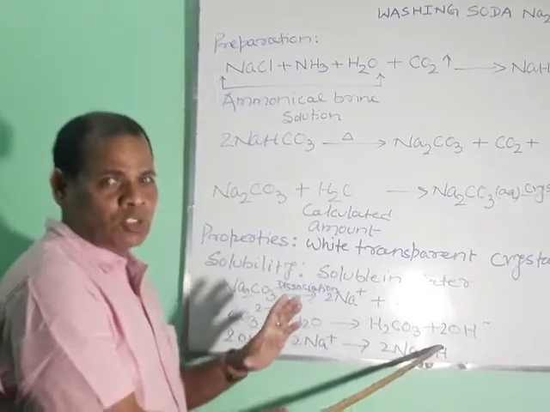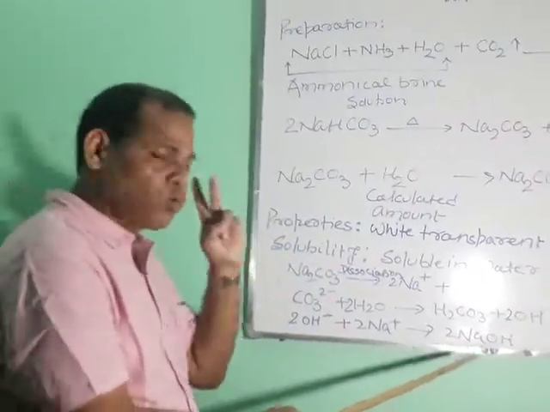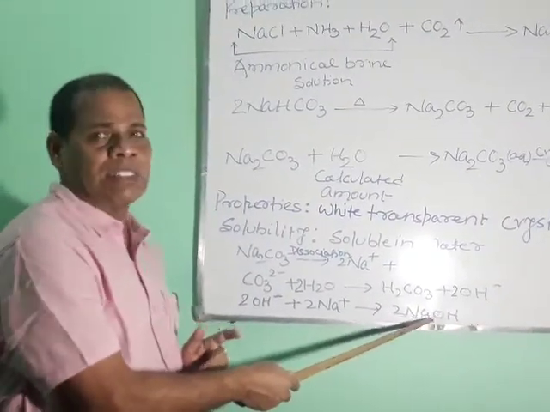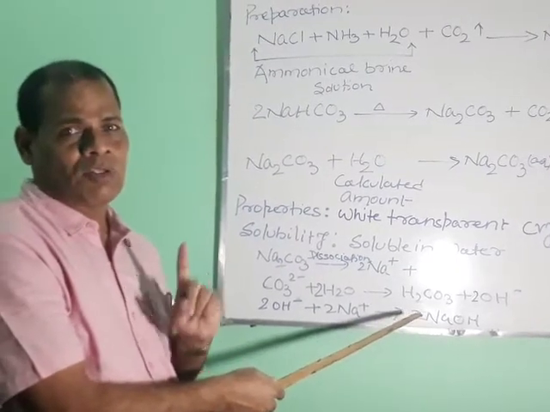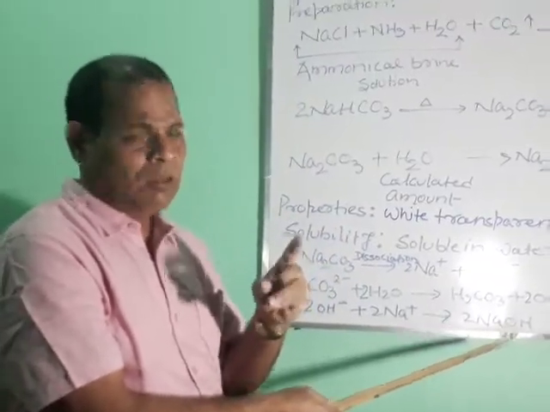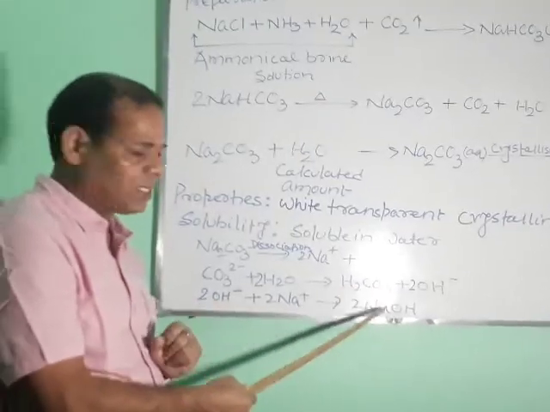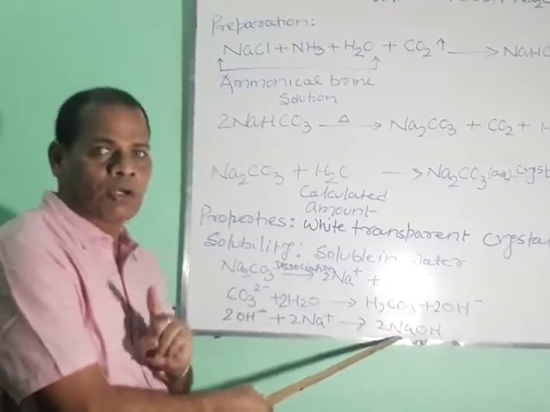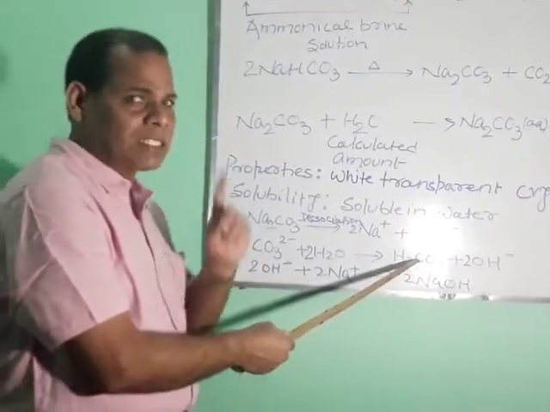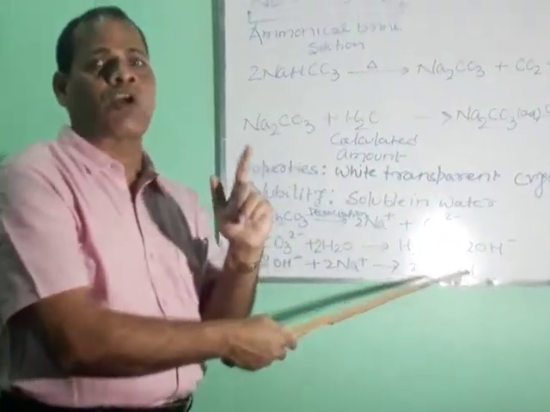Now in this aqueous solution of washing soda, we have two types of compounds: one is carbonic acid, another is sodium hydroxide. Carbonic acid is a weak acid and sodium hydroxide is a strong base.